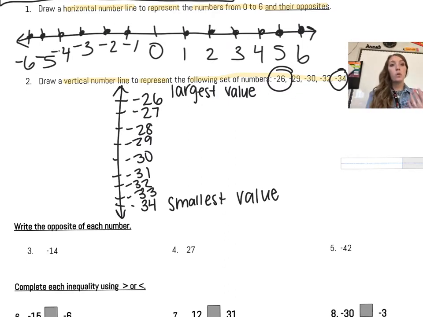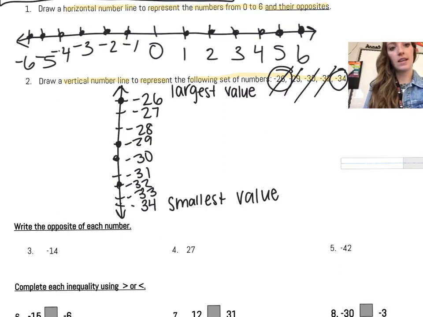Now I'm going to plot my points of the numbers that they give me. So negative 26 is plotted, negative 29 is plotted, negative 30, negative 32, and negative 34. So now all of my numbers have been plotted on my number line.